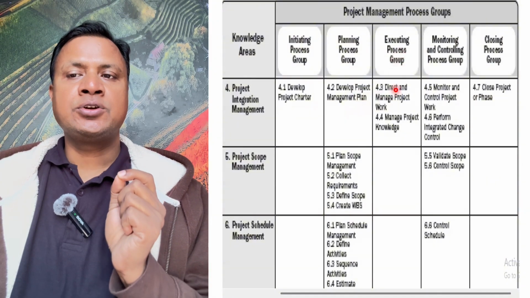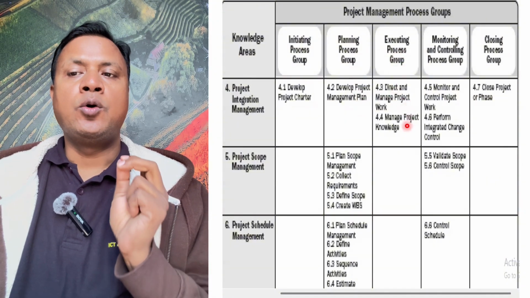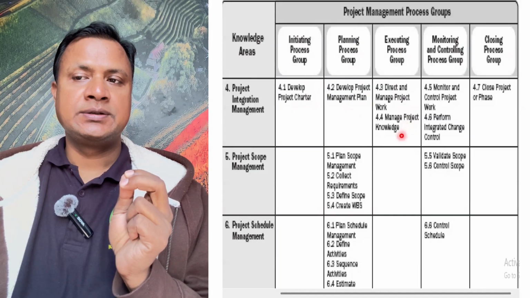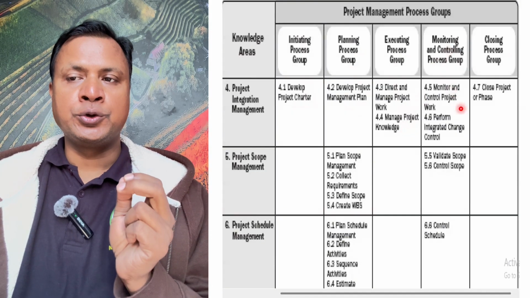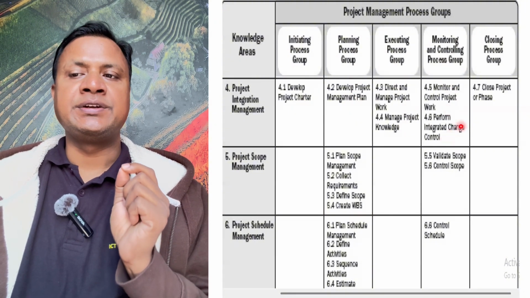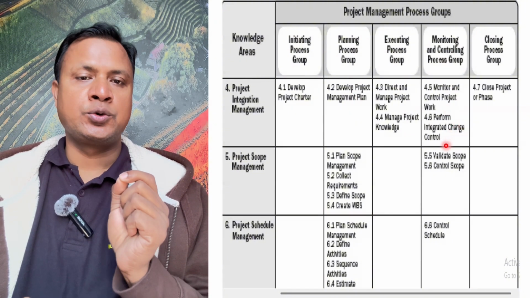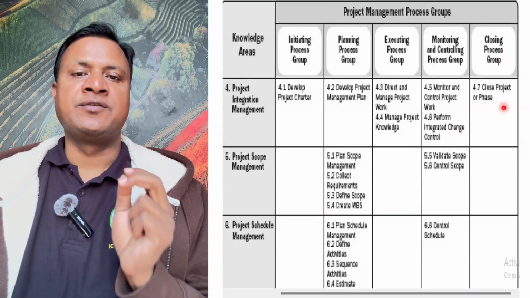In execution, we have direct and manage project work and manage project knowledge. In monitoring, we monitor and control project work and perform integrated change control. And in closing, we close the project or phase.